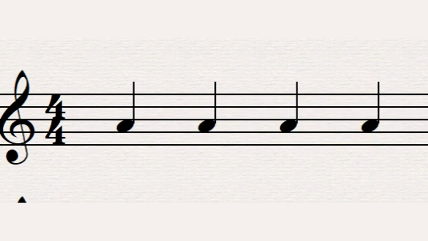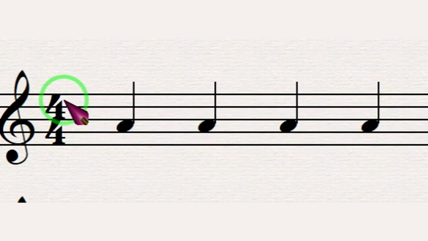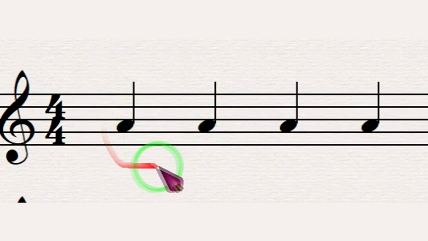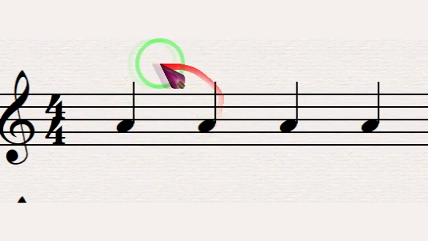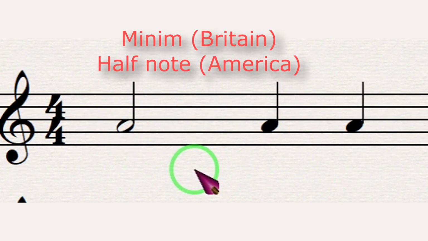Now that in this bar we have 4 crotchets or quarter notes, we're going to start finding other figures that can be equivalent to that. For example, I can take the equivalent of 2 quarter notes and make with it a minim or half note that we can see here.